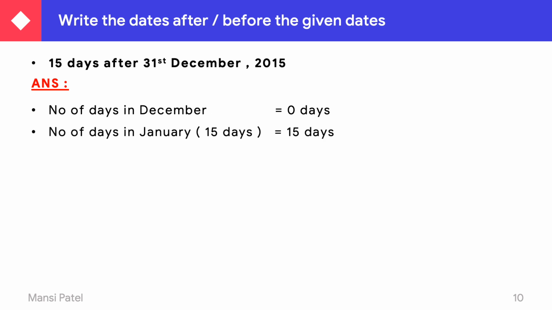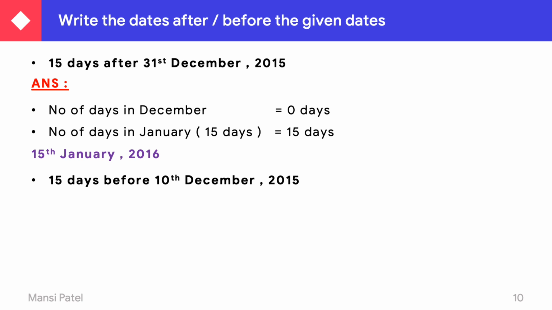So what is the 15th day of January? It's 15th January 2016. Why? Because again here we are moving from December to January, so our year is going to change. If the year is 2015 in December, then when January begins, it becomes 2016.